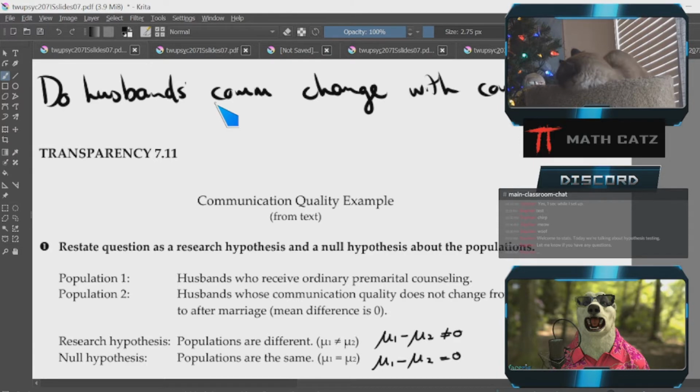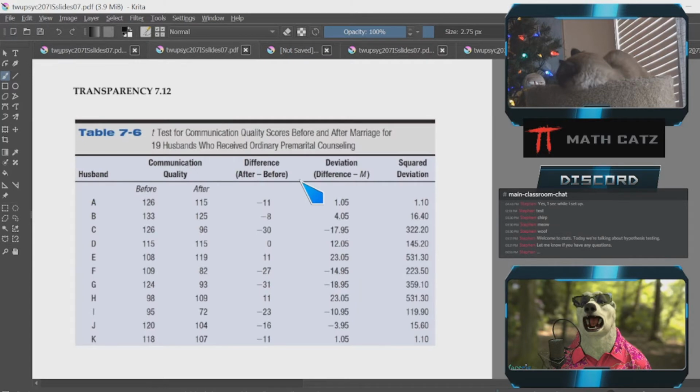We're going to look at the before and after scores, and we're going to calculate the difference scores, and that'll be what we're focusing on.